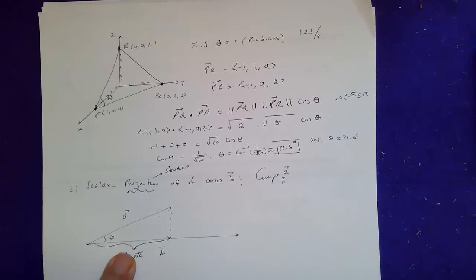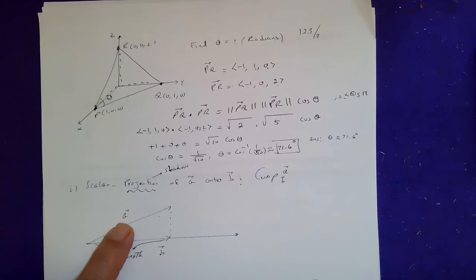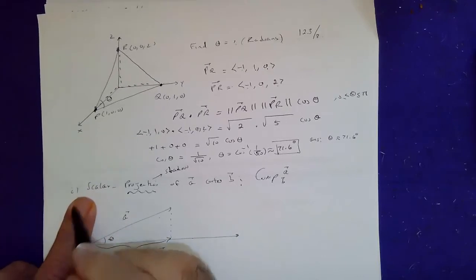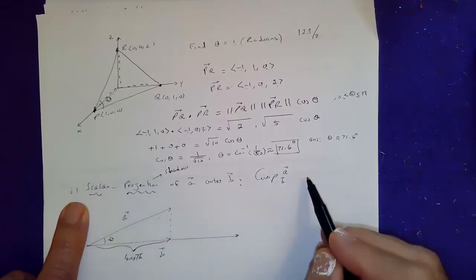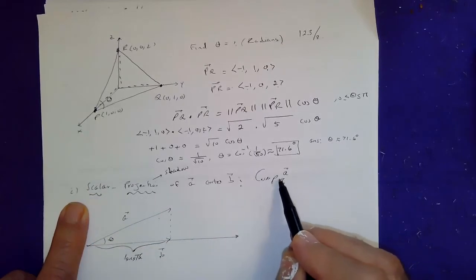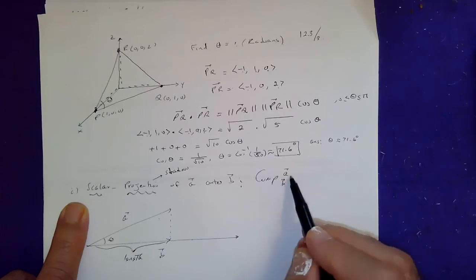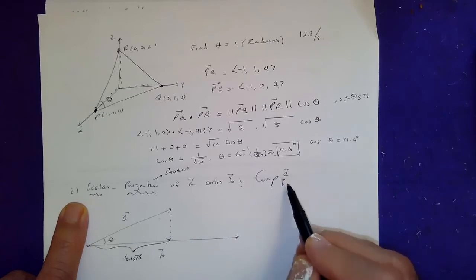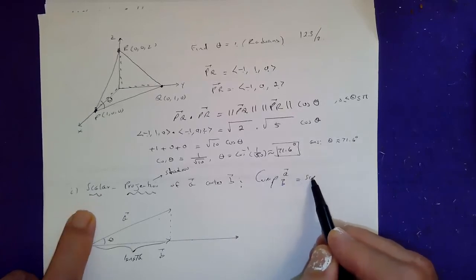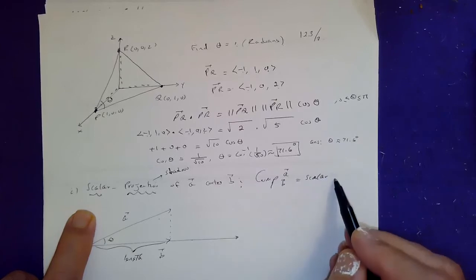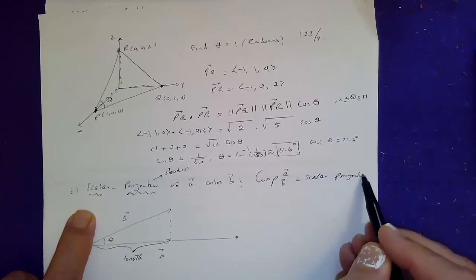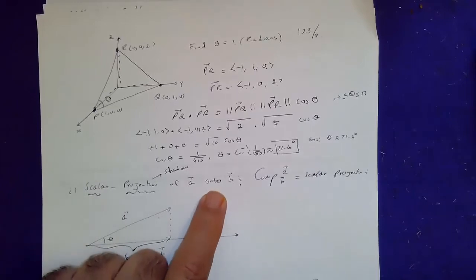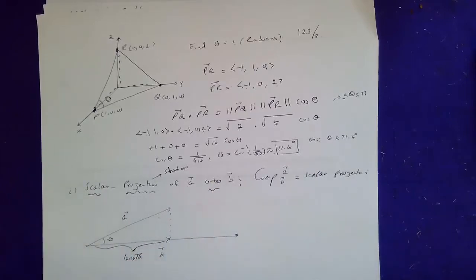If you're interested in finding the length of the shadow of A over vector B, that's called scalar projection, which is denoted by COMP. That means the component of A onto B. So this is the notation for a scalar projection of one vector onto, the word is onto, a different vector.